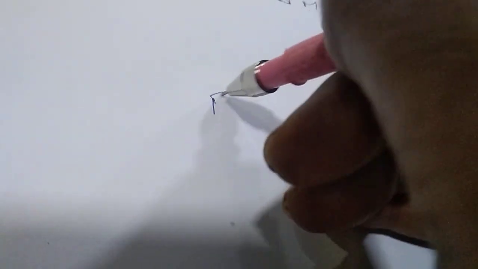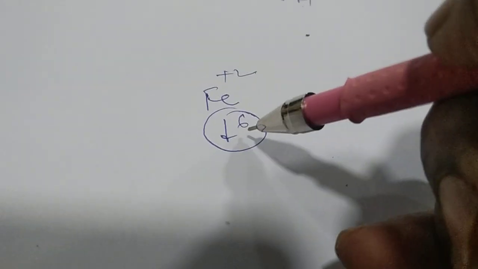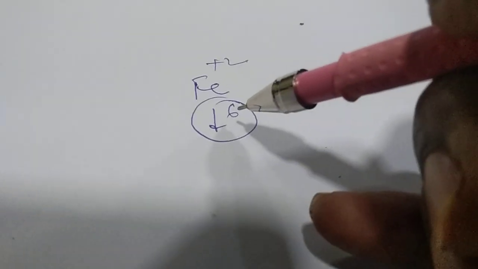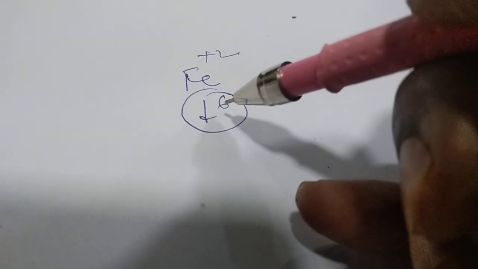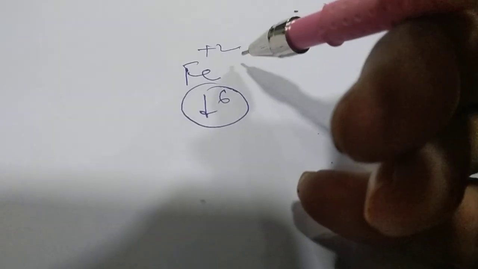If you talk about iron, plus 2 suppose, it is d6 configuration. D orbital capacity is 10. So 4 vacancies there. So some of the orbitals are filled up. 6 electrons are there, 4 vacancies there.